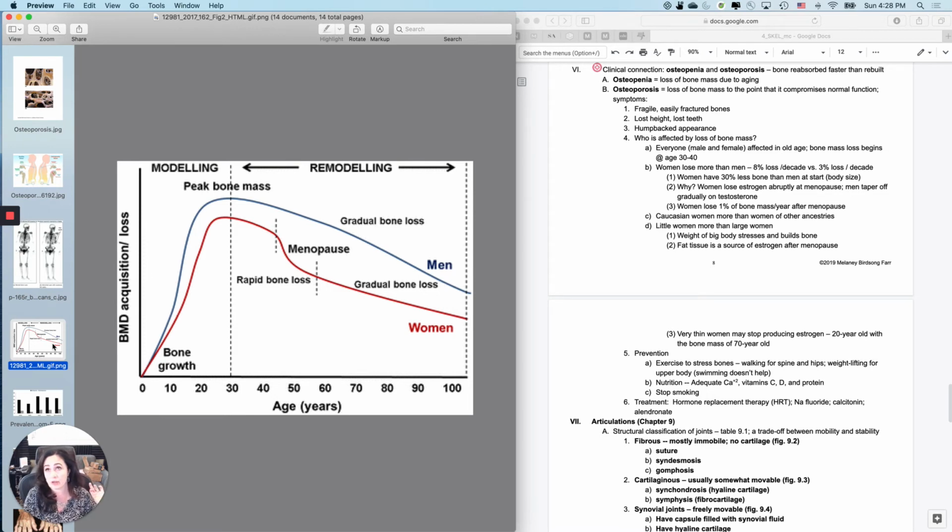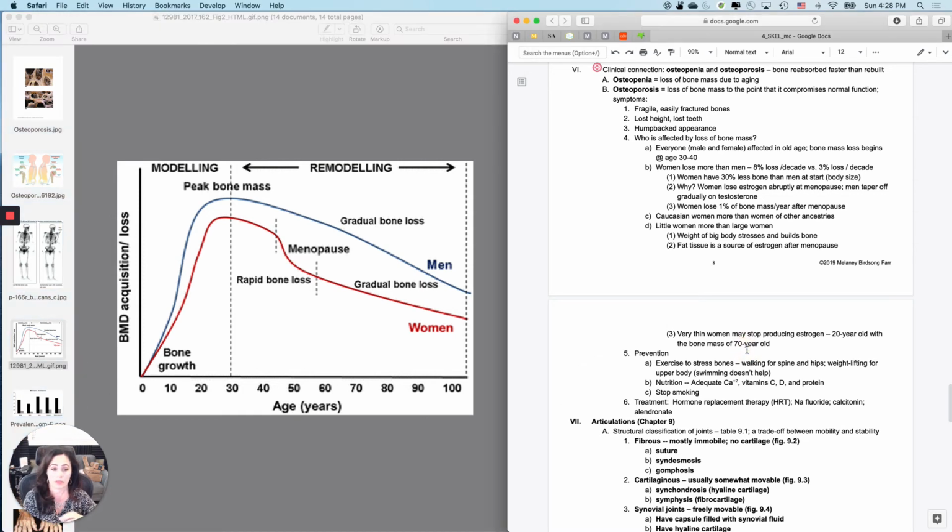For instance, if you have someone who's suffering from anorexia, very, very low body fat percentage can stop estrogen secretion, stop ovulation, and also start to make you lose bone mass. So you can end up with a 20-year-old with the bone mass of a 70-year-old with a massive loss of your body fat.